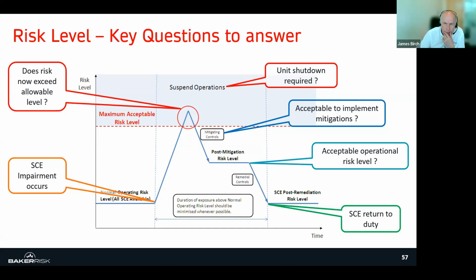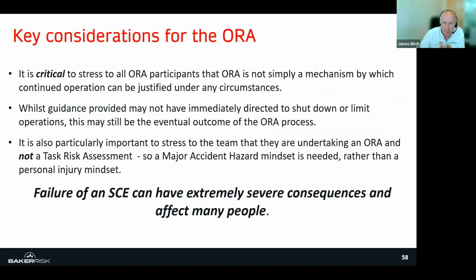So this is where I'm going to come back to my comment about occupational safety risks or process safety risks. This is a decision that, if we get it wrong, can have very severe consequences. We could have a situation of multiple fatalities. We could have a huge fire explosion. So the team needs to focus on that.